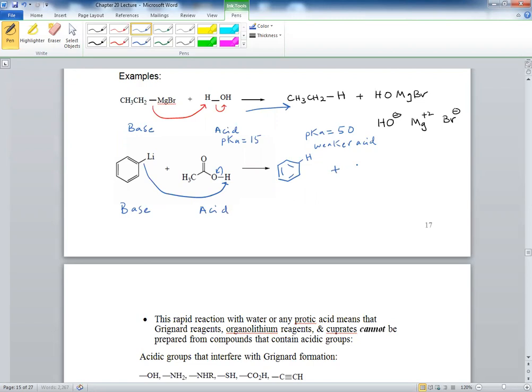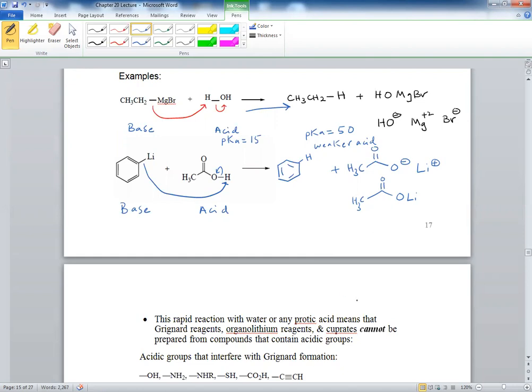And of course we have O minus Li plus, which sometimes is written as OLi. Either one is acceptable, but you have to understand why, because of the charges.